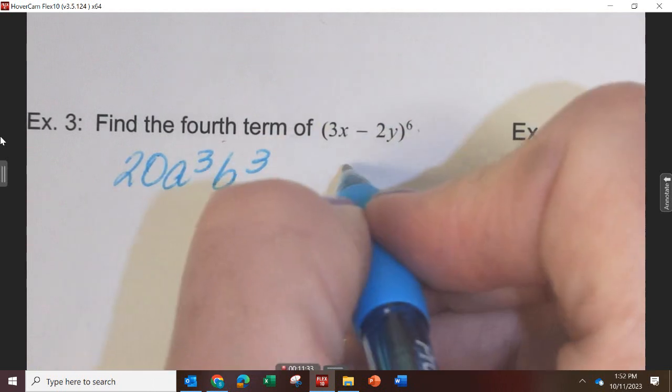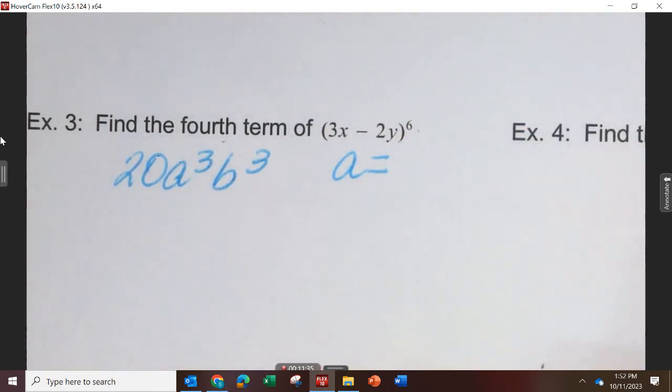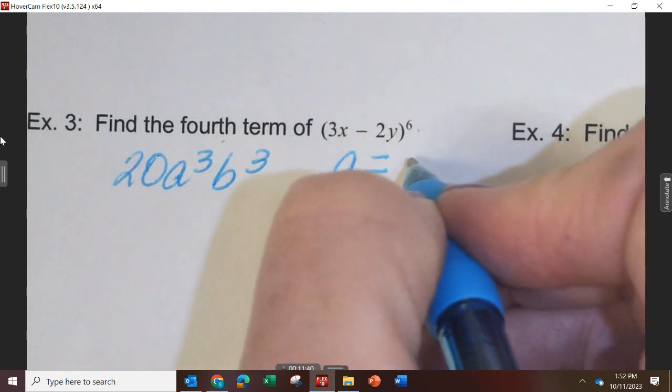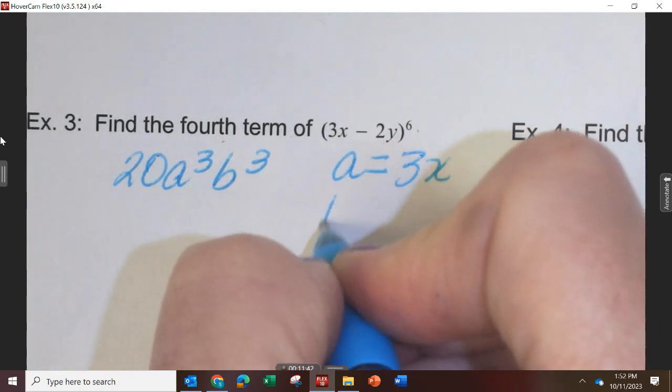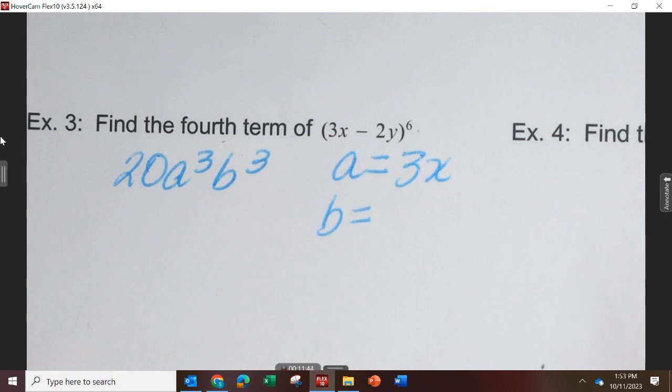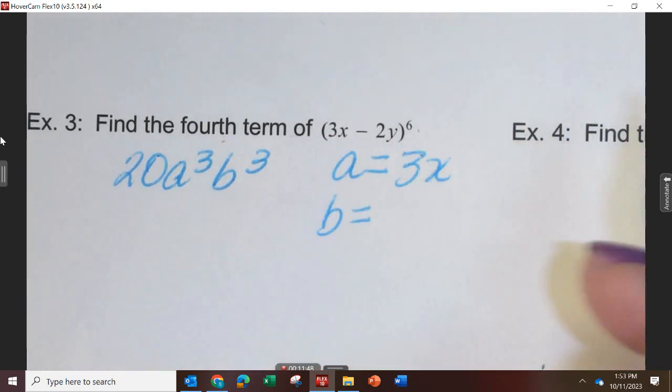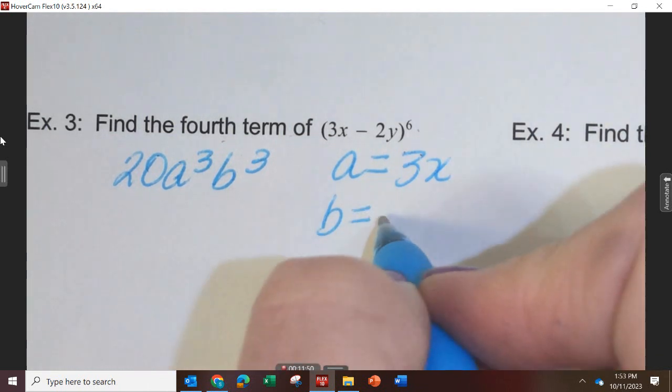Now, on this problem, what is a going to be? What's in the front here? 3x. B, you have to use the sign and the value. So what's it going to be? Negative 2y.